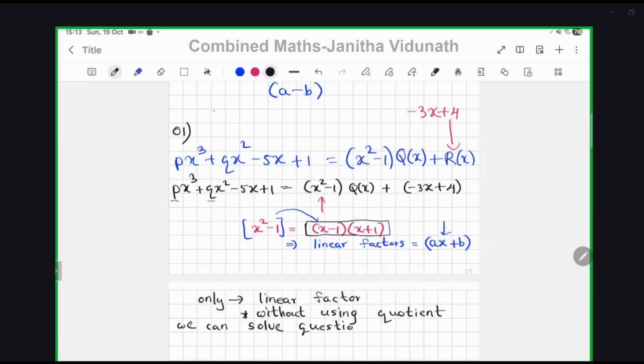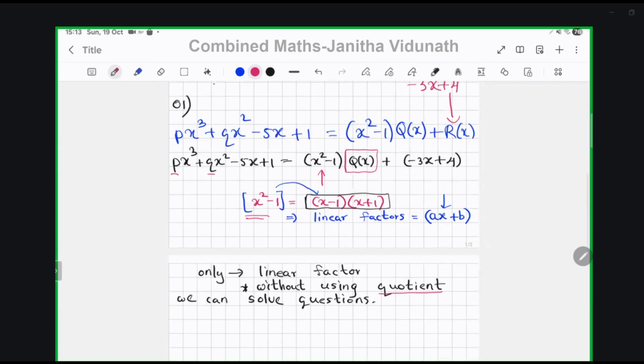That means this is a very important point: if we can factorize any divisor into linear factors, then without using the quotient, we can solve the question. That means here, without using this quotient, we can solve this question.